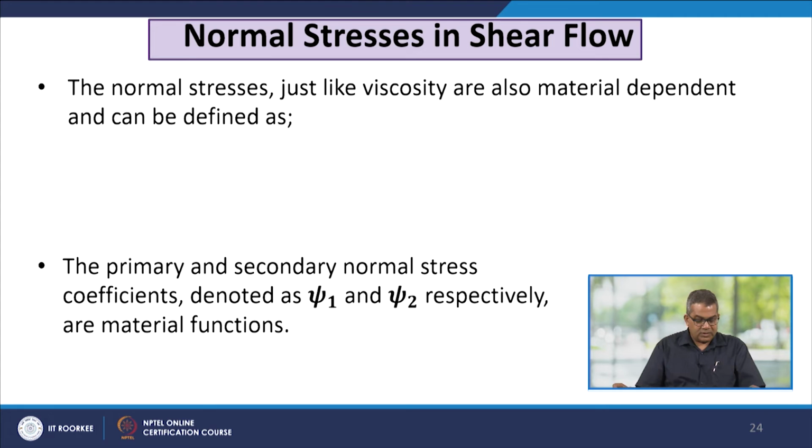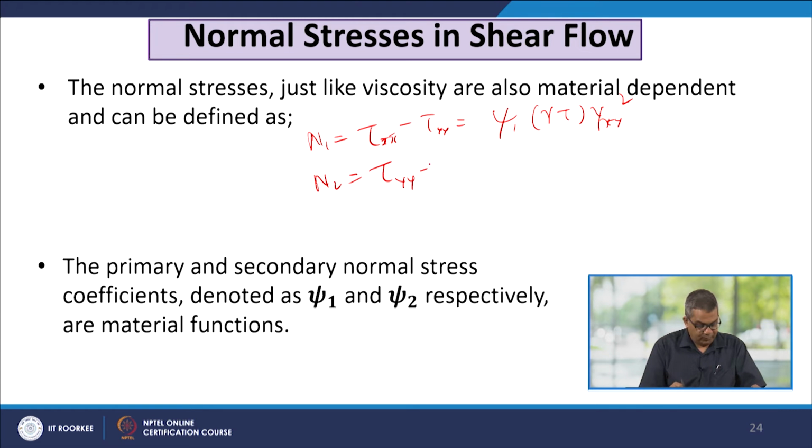The normal stresses, just like viscosity, are also material dependent and can be defined as N1 is equal to tau xx minus tau yy, that is equal to psi 1 (gamma dot, T) times gamma dot xy squared, and N2 is equal to tau yy minus tau zz is equal to psi 2 (gamma dot, T) times gamma dot xy to the power 2.